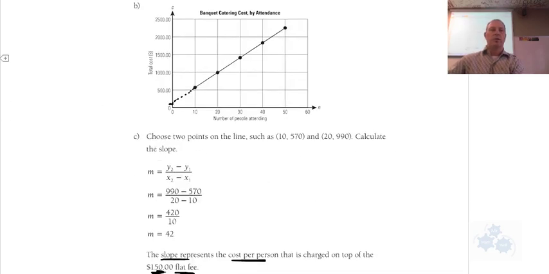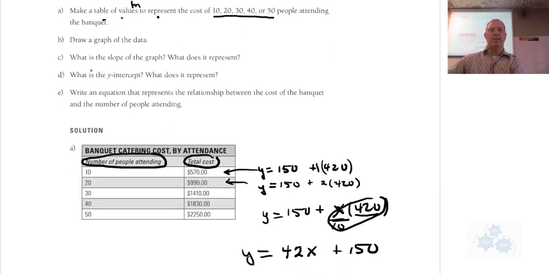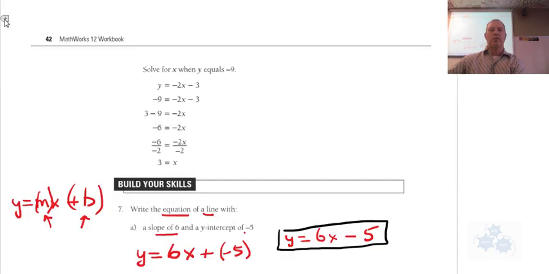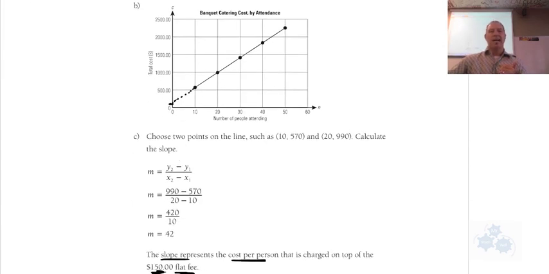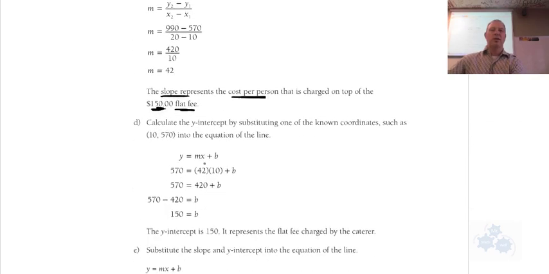Okay, so part D says, what is the y-intercept and what does it represent? Well, this might be a bit tricky. If you just wanted to extend the line, you might not be able to get to exactly 150. But if you understand the question, then the flat fee is 150, which is the same as the intercept.